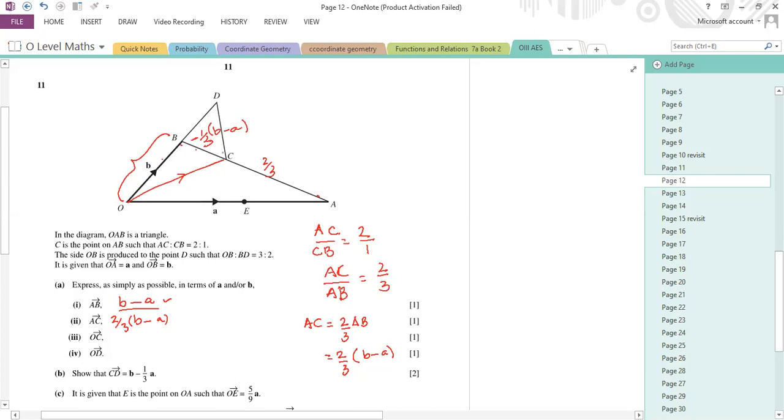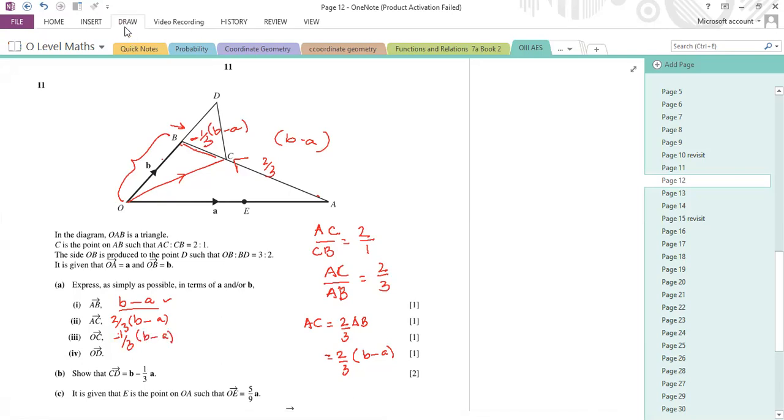When we are coming this way, it is actually negative because it is going like this. So we are coming from here to here. So this is 1/3 of (B minus A) with a negative sign. So O to C is negative 1/3 of (B minus A).